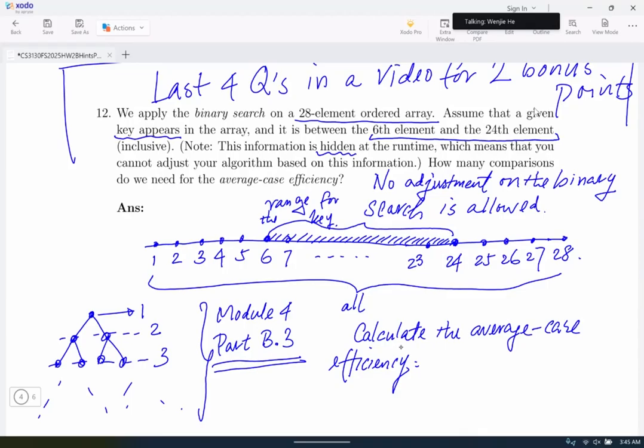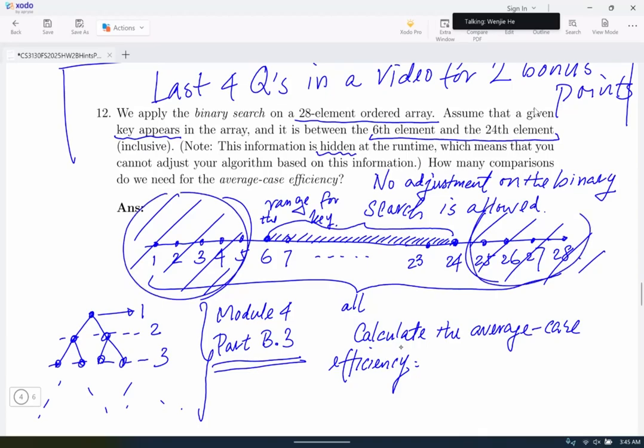And these two parts never occur. Then, because we want to describe our average case efficiency in the best way, these nodes should be removed.